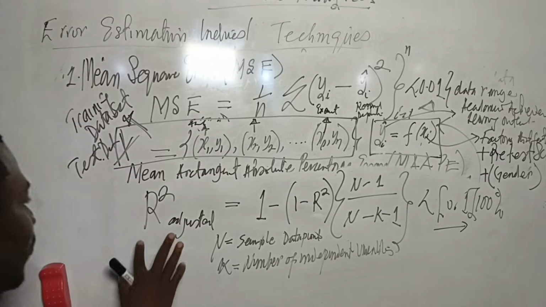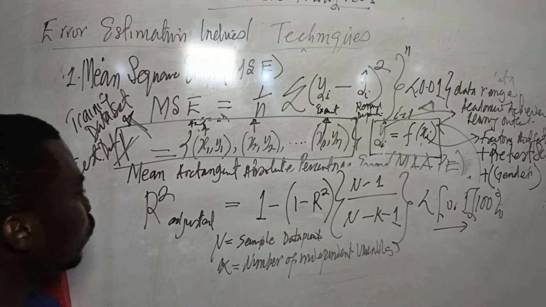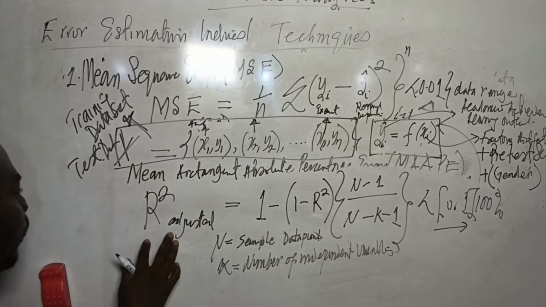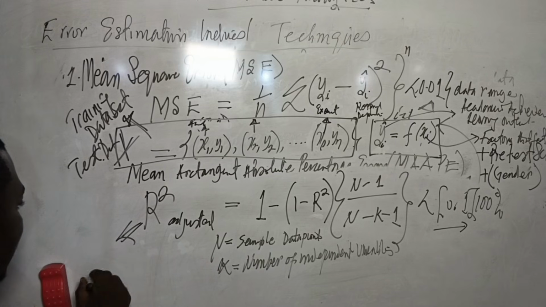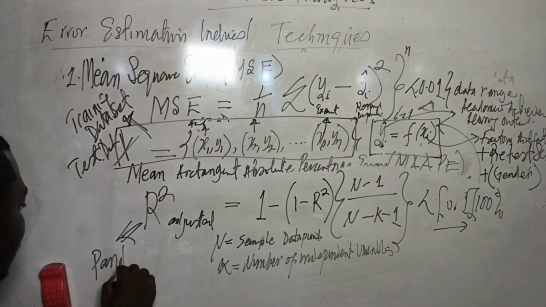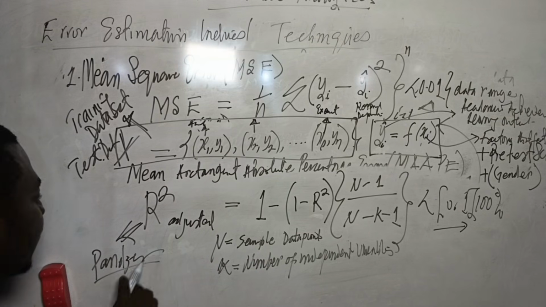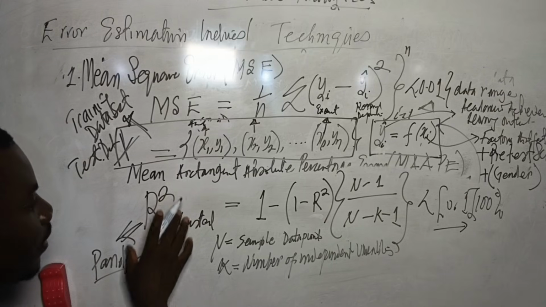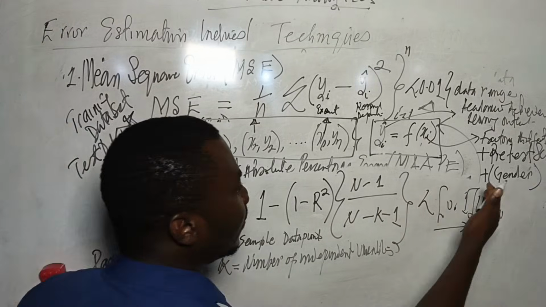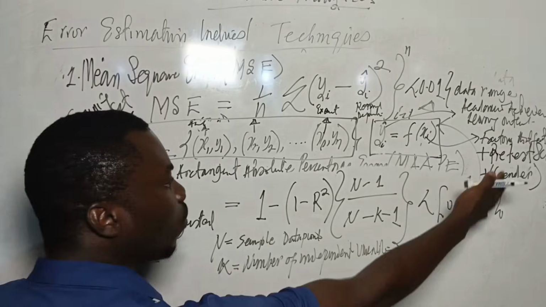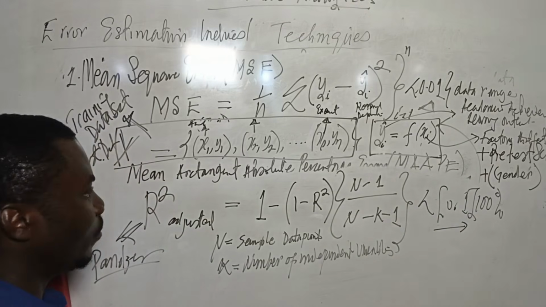So what this adjusted R squared does is to penalize the model in respect. So sometimes we call it the penalizer. So it penalizes the model in respect of the new parameters or the new constructs you have added.